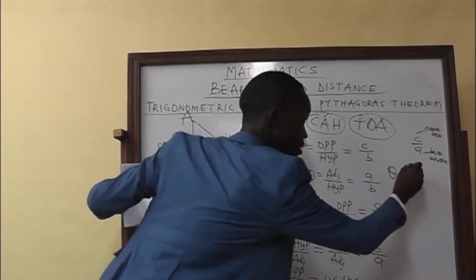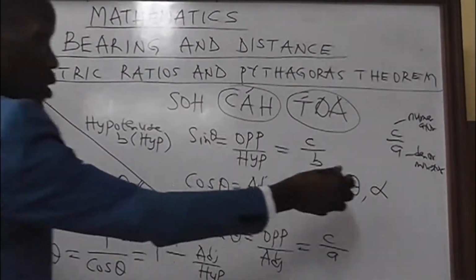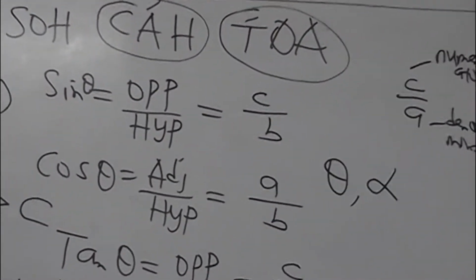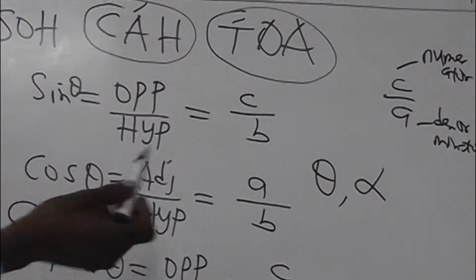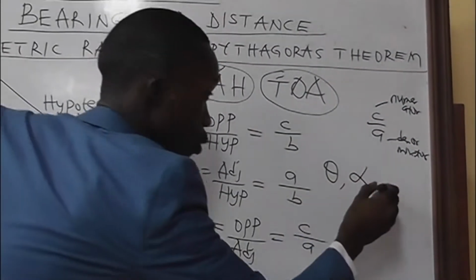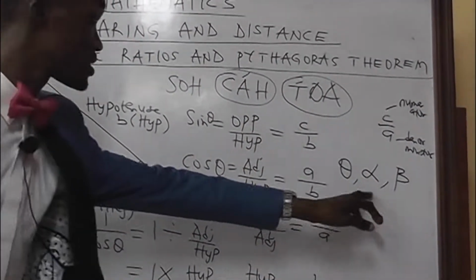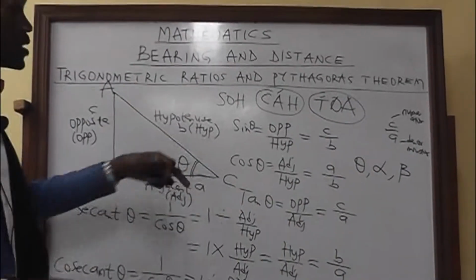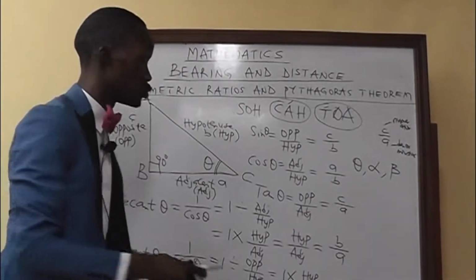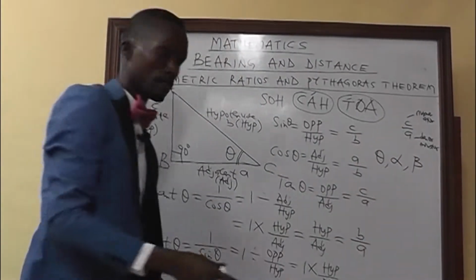We have other ones too. Alpha is just a way of representing the angle. That is what theta is standing for. I could have used alpha instead of theta. We have another one, beta. So these are just like this ABC that we use to represent angles as well. That is what theta, alpha, and beta are.